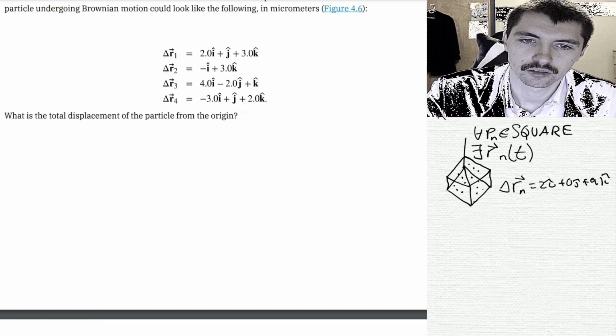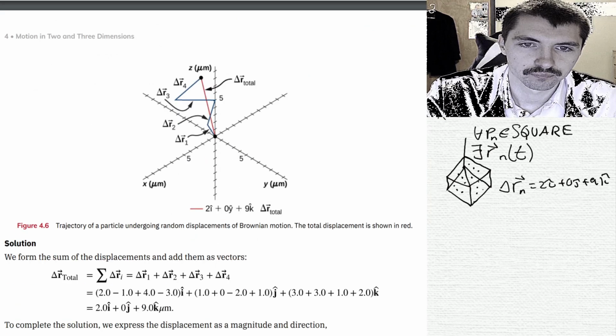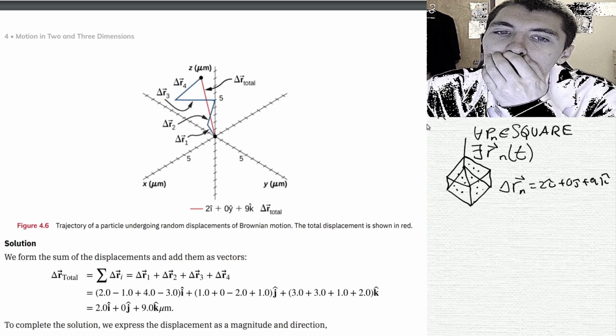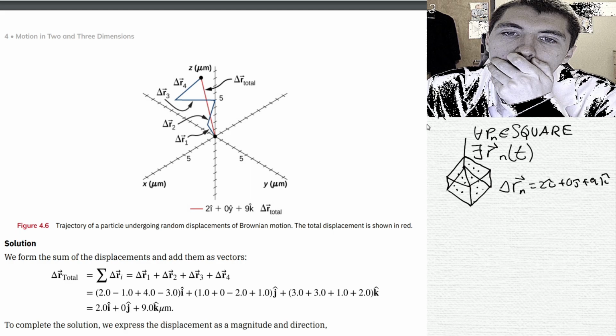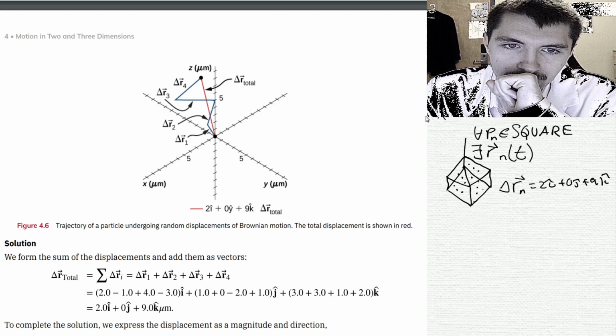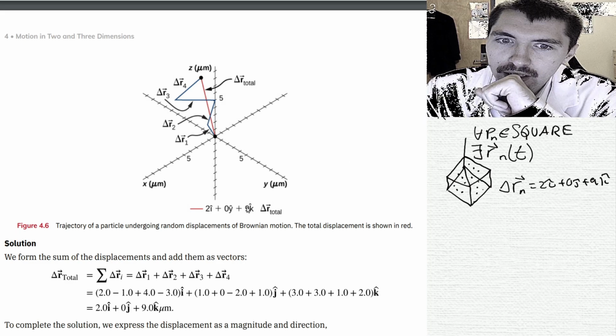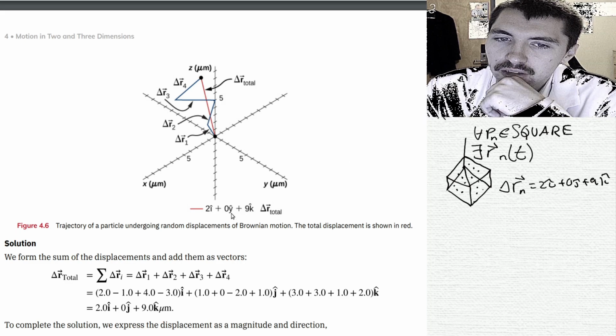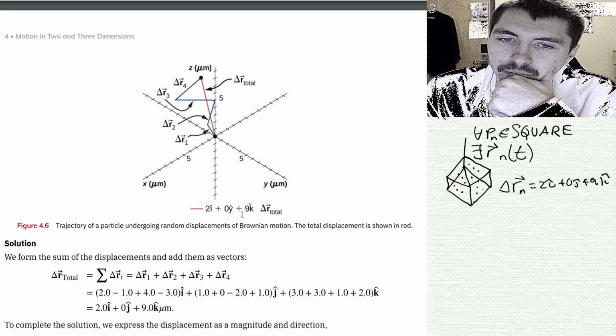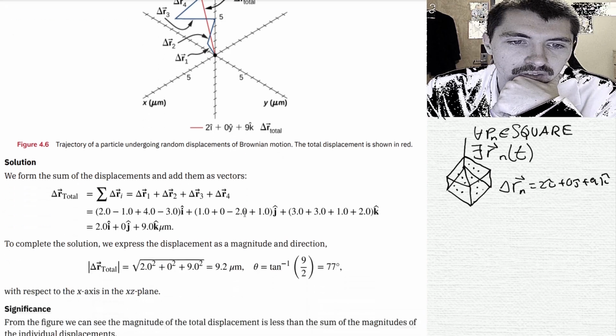Okay. Two i, 0. This should be a j. This is 9k.